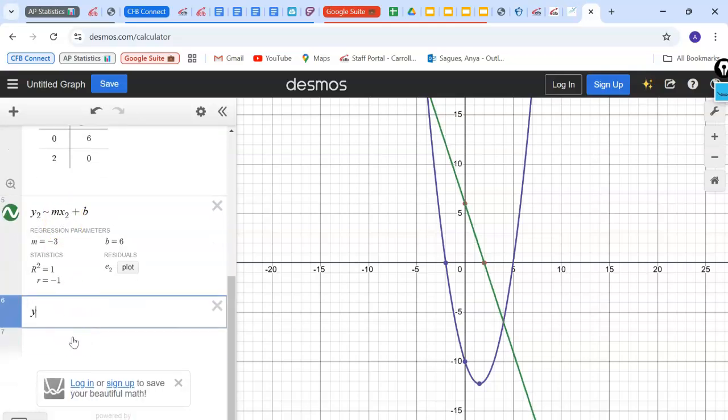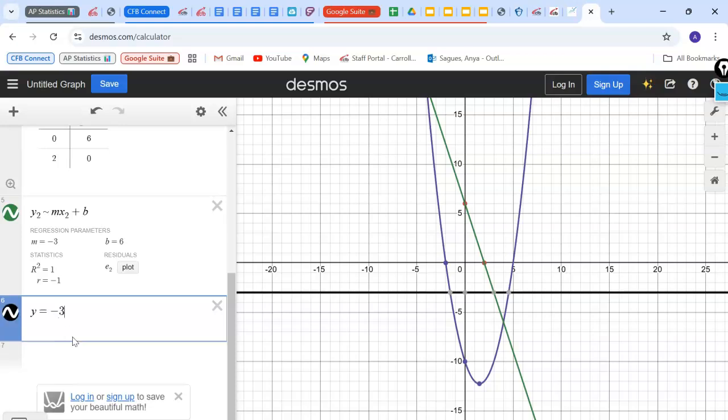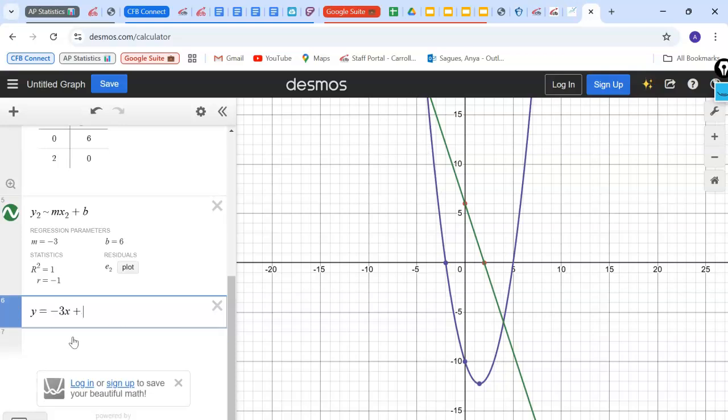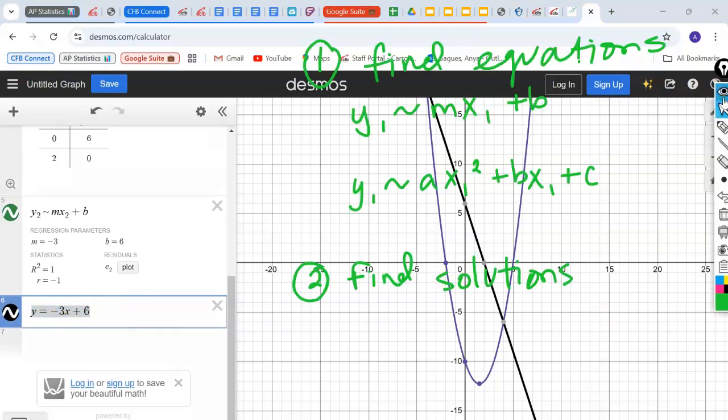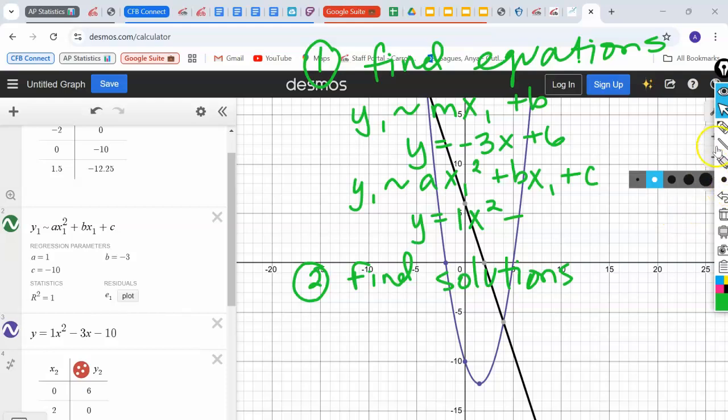But I'll see that my equation is y equals negative 3x plus 6. So these are my two equations. Where it asks you for the equations, your equation for this one is y equals negative 3x plus 6. And for this one, it is y equals 1x squared minus 3x minus 10.